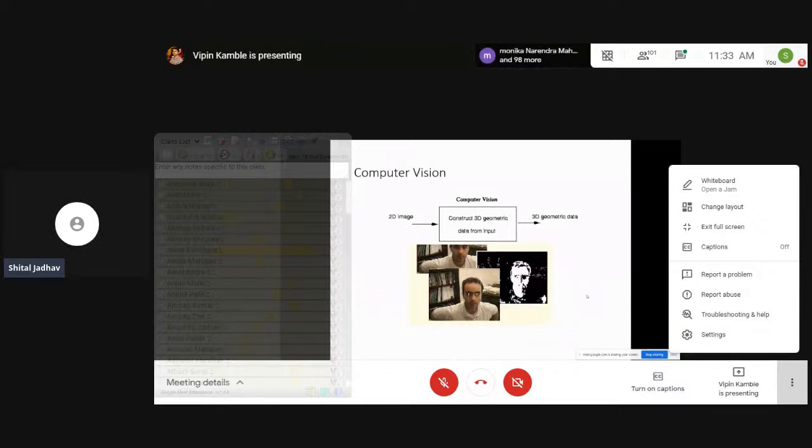That is all in raw two dimensions, or you can also have 3D geometric data. That is your computer vision.